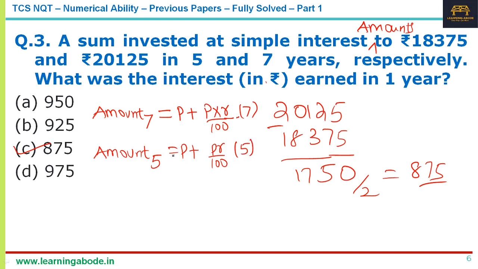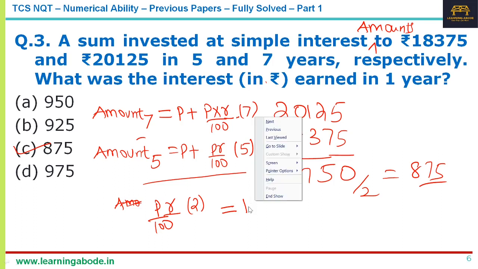Now what is the difference? If you subtract these two, what do you get? You get PR by 100 into 2. This is equal to 1750.